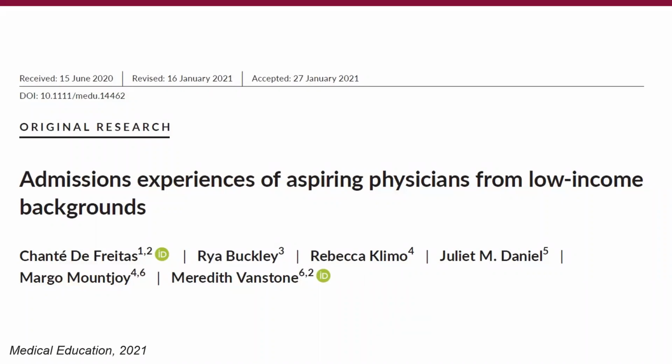That one was me. Of the 6 of us, 4 of us come from low-income backgrounds, and 4 of us identify as being members of other groups who've been historically excluded from medicine. Specifically, we have a couple of researchers who identify as Black and lesbian, and we all identify as women.